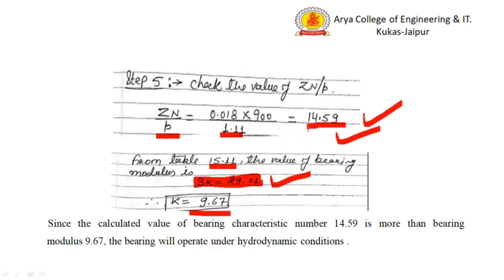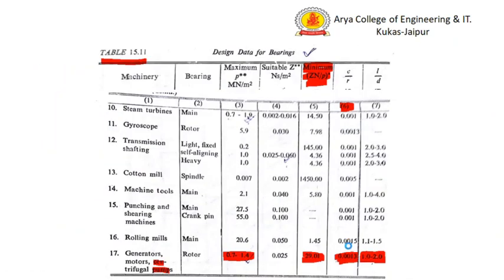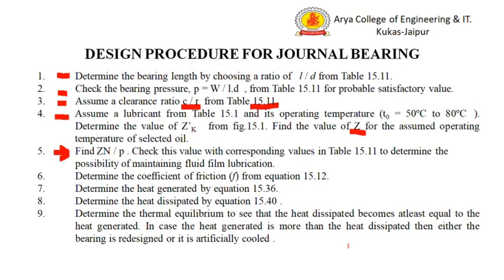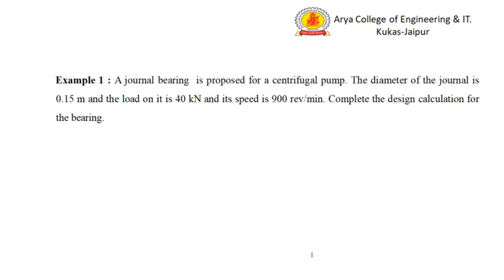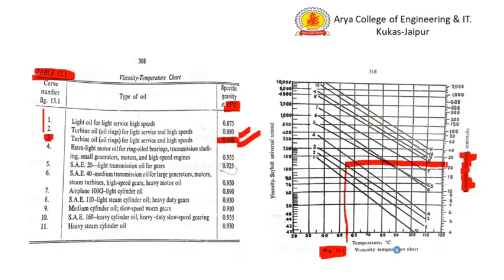Our bearing characteristic number is 14.11 and the bearing modulus is 9.67, so this bearing will operate under the hydrodynamic condition. These are steps 1 to 5, and steps 6, 7, 8, 9 we will discuss in the next video. Thank you.